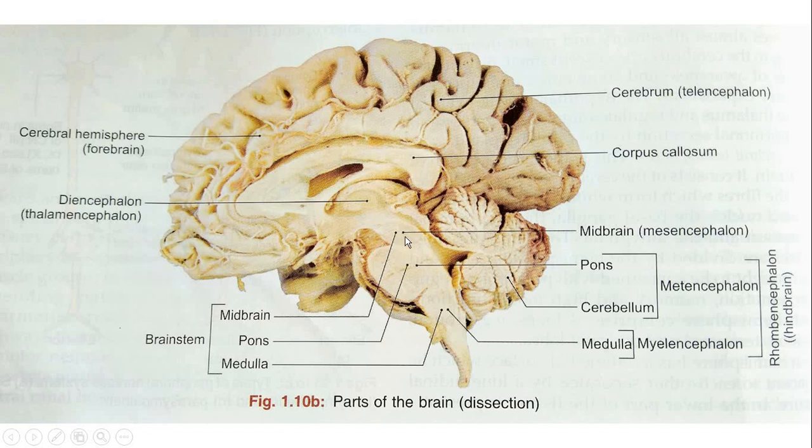Now midbrain continues as hindbrain, that is having the pons anteriorly and the cerebellum posteriorly, and further it continues as medulla oblongata. The medulla oblongata further continues as spinal cord.